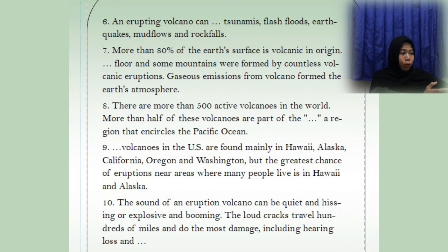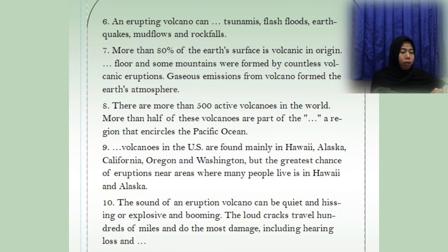Blank floor and some mountains were formed by countless volcanic eruptions. Gaseous emissions from volcanoes formed the Earth's atmosphere. Number 8: There are more than 5,000 active volcanoes in the world.